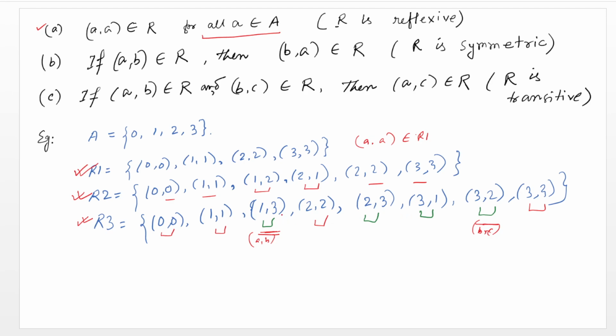A means 1 and C means 2. So (1,2) should be in the relation, but (1,2) does not belong to this relation.